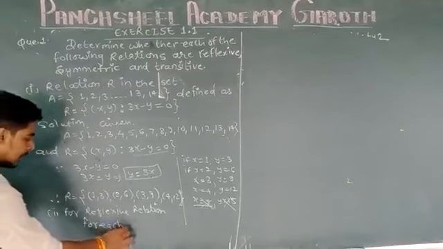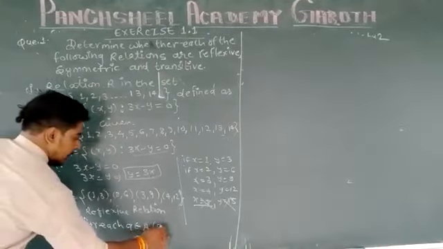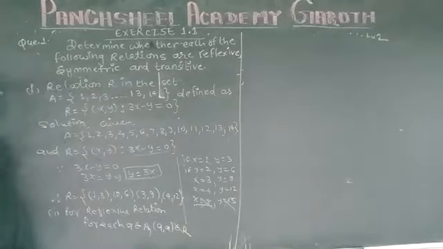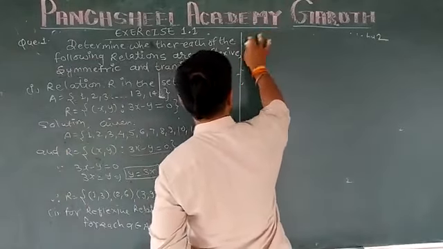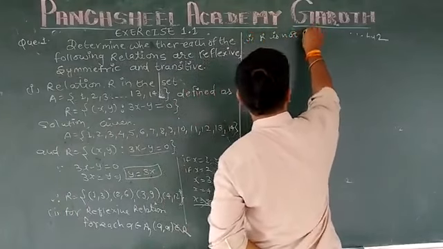For each a belonging to A, the ordered pair (a, a) does not belong to R, therefore R is not reflexive.